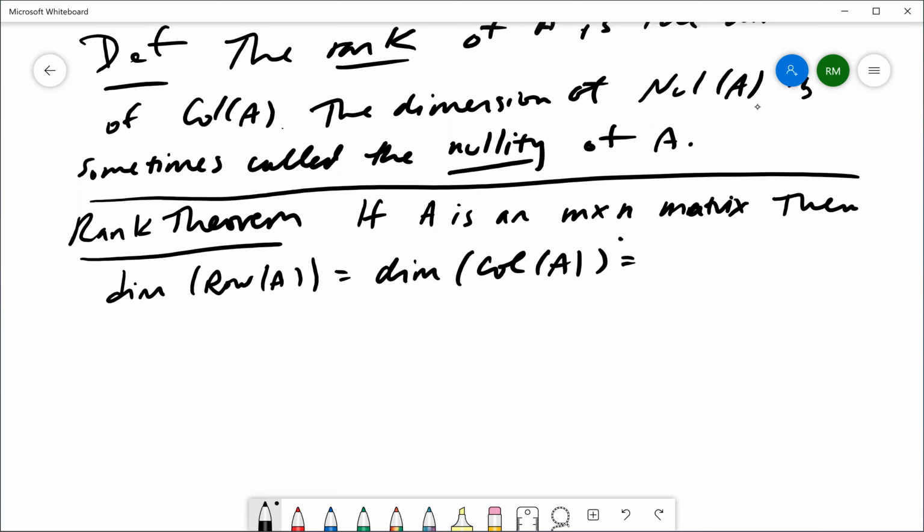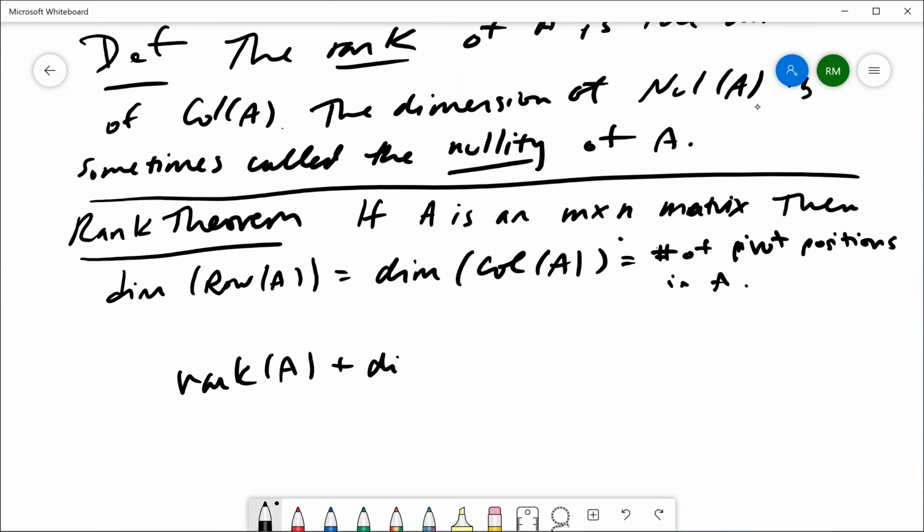And this is equal to the number of pivot positions in A. And the rank of A plus the dimension of the null space of A is always equal to n.